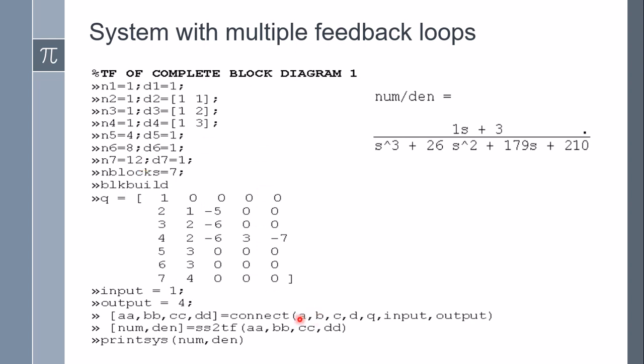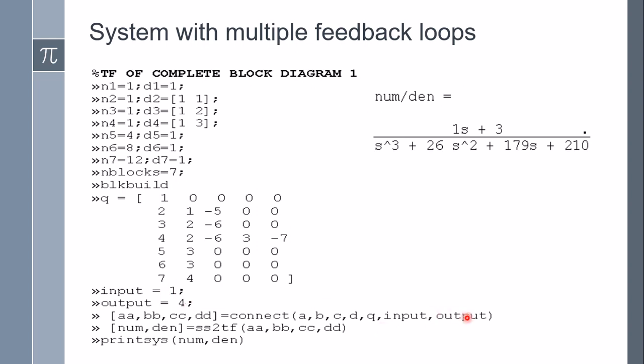Once you give connect, the ABCD values of whatever number of blocks you provided are absorbed, and all the ABCD variables of the 7 blocks are combined using the possible interconnections provided in the Q matrix, considering the input node and output node we specify.